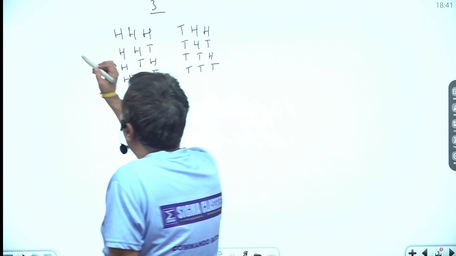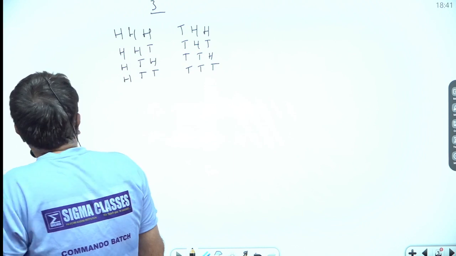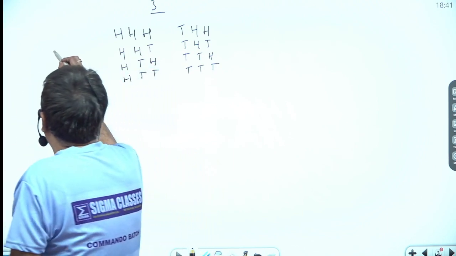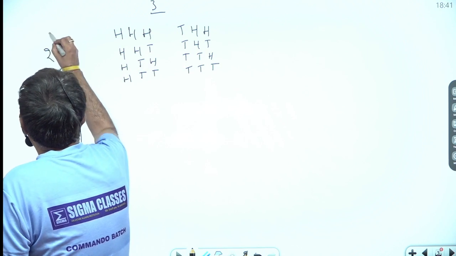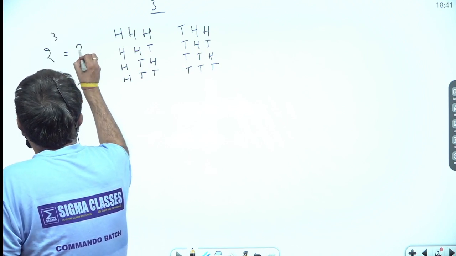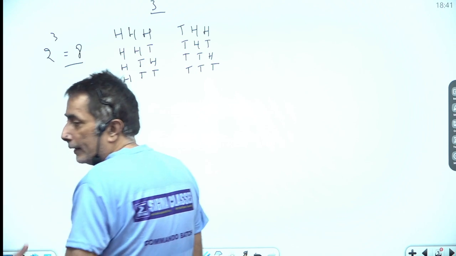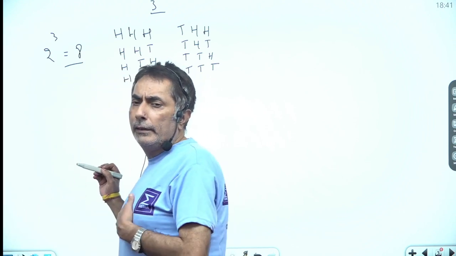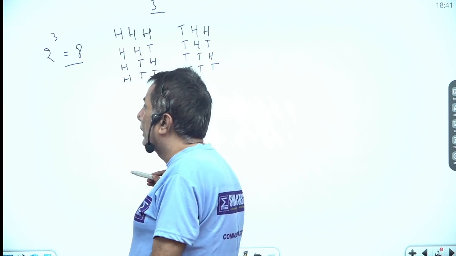So immediately when the coin is tossed 3 times, you have this sample set. So clearly you see 2 raised to power 3, 8 is the complete sample set which you are getting when you are tossing a coin 3 times.